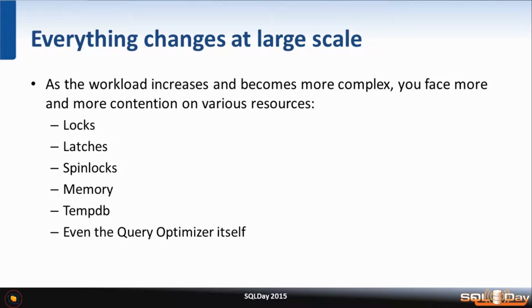You double or triple the workload, and all of a sudden something that worked just fine not only doesn't keep up with the throughput, it actually breaks and stops altogether. As the workload increases and becomes more complex, and there is more and more interaction between different queries being run, you get a lot of contention.